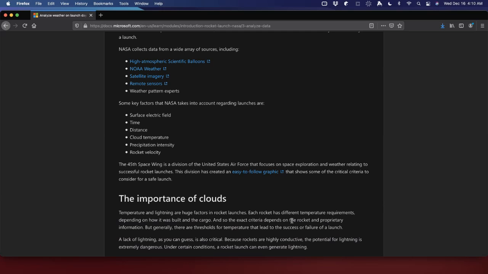Location, how far the vehicle has to travel based on where on the planet it is and the angle that it's trying to get into in orbit, the temperature of the clouds, the amount of precipitation in the air or the likelihood of precipitation. And so all of those things combine to give them a sense of safe conditions for the launch.